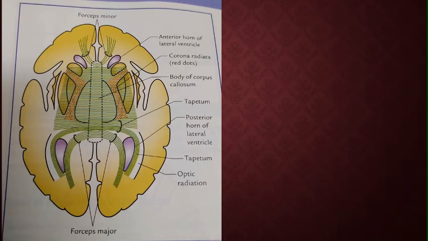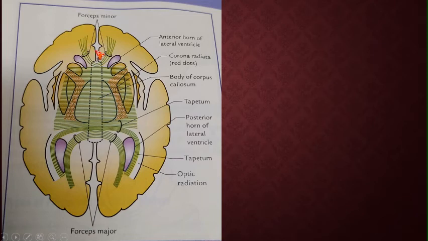Then moving to the next parts: what fibers are present in the corpus callosum? In the genu, we can identify a thick curved anterior extremity of the corpus callosum. The fibers present here are U-shaped small fibers connecting the frontal lobes of the right and left cerebral hemispheres.